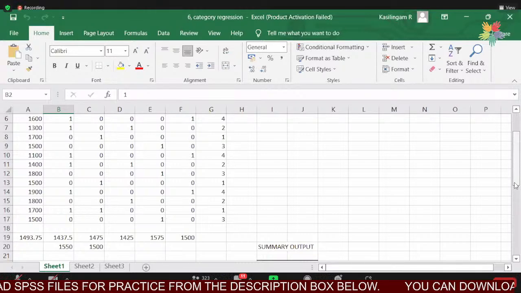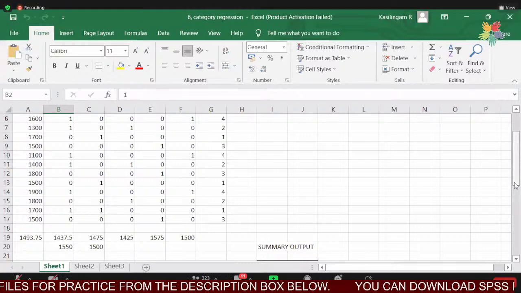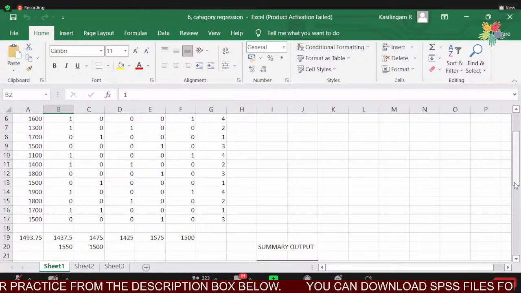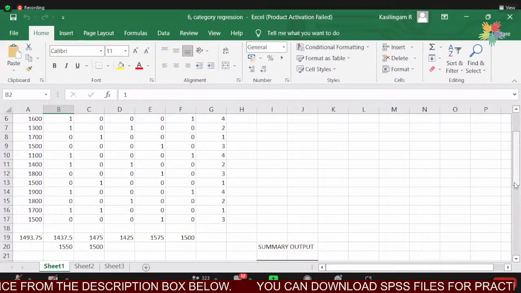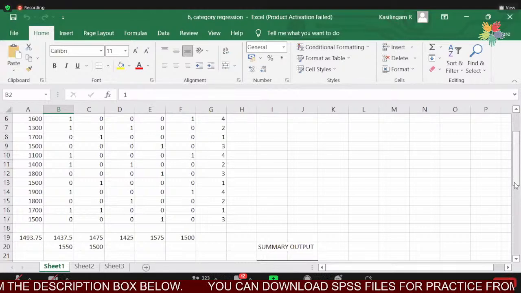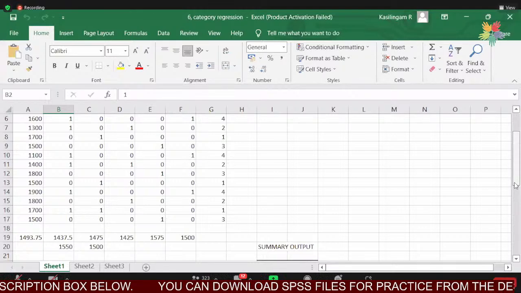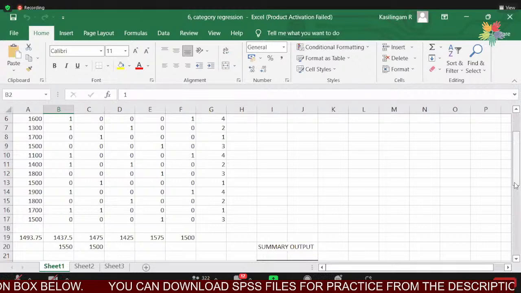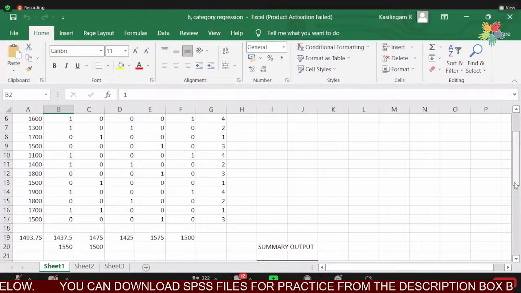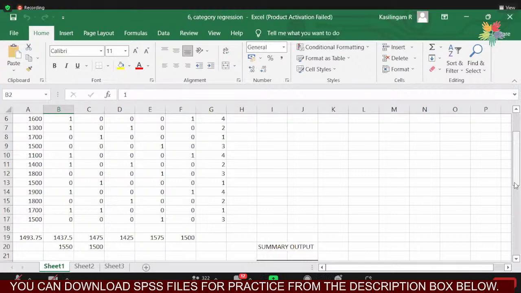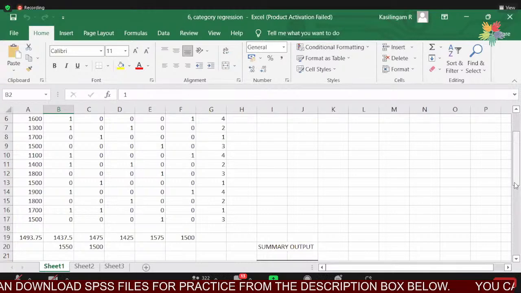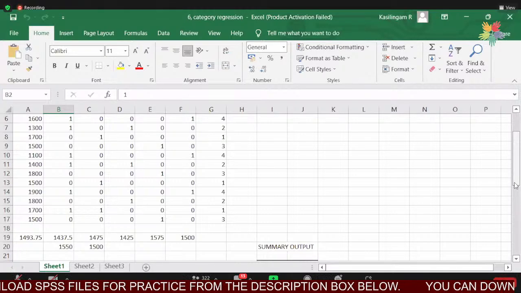So now, if your variable is a categorical variable, then you cannot run the regression straight away. Not possible. In a regression, you have to take only the metric variable.